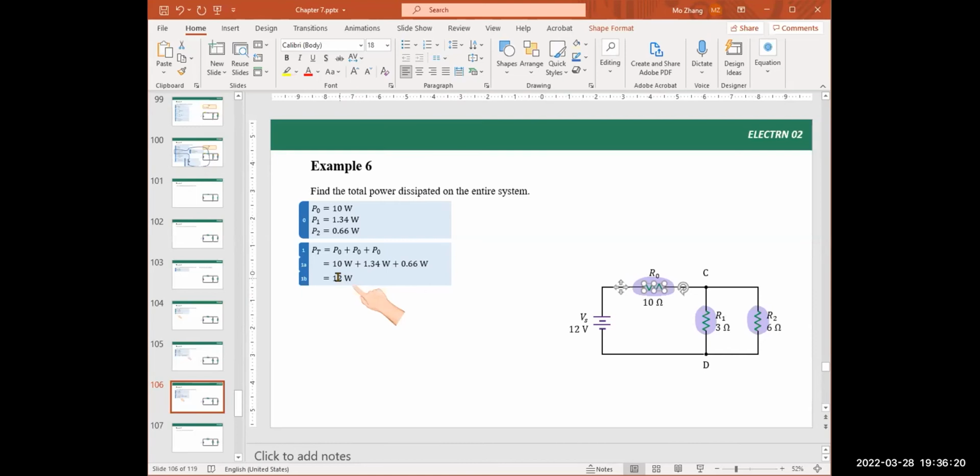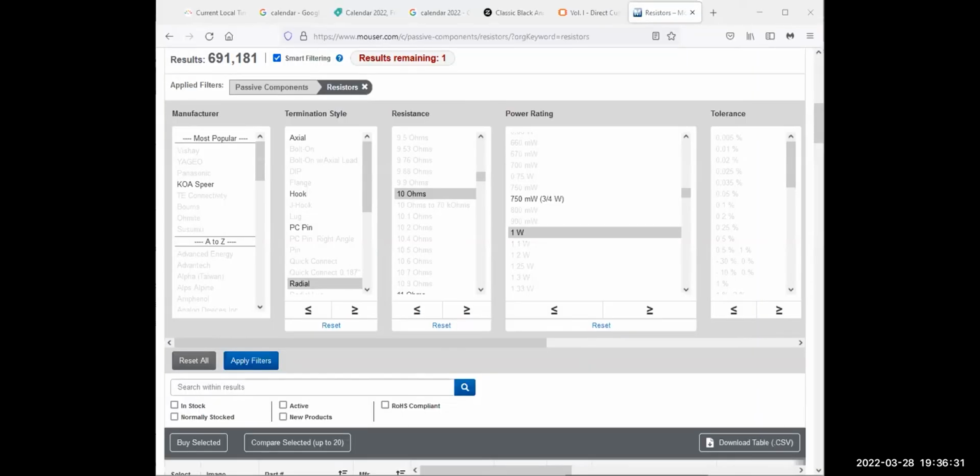And again, not using 12 watts exactly, it needs to be higher than that. In case there are some fluctuations in current or power, the value higher than the power rating still can cover it. So we have to scroll down and find one that's over 12 watts. Oh, here, perfect, 15 watts. 15 watts compared to 12 watts is 3 watts higher.